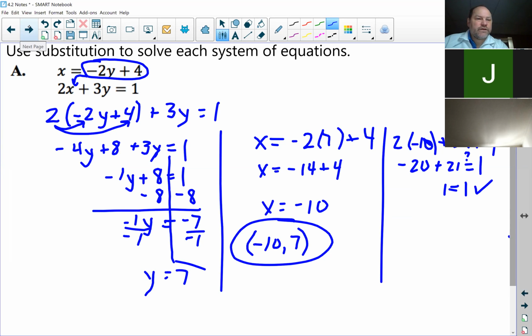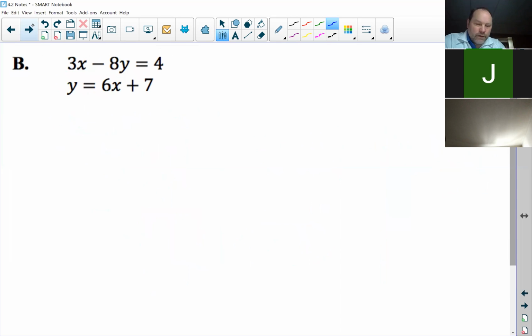All right, let's take a look at the next example. 3x minus 8y equals 4, y equals 6x plus 7. So again, our second equation is solved for y.